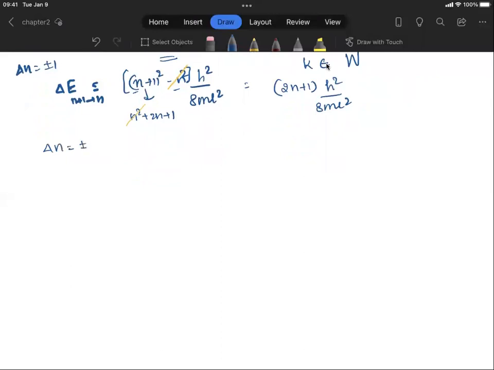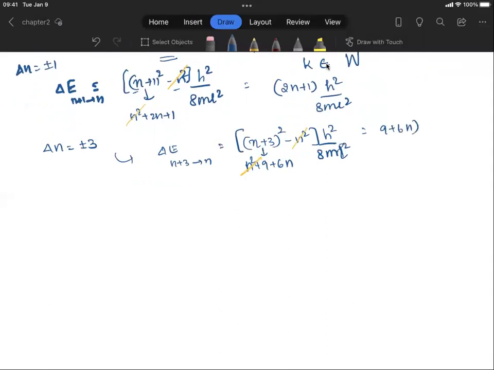Now for delta n equals plus or minus 3, the n squared gets cancelled, and I can take the 3 common outside.